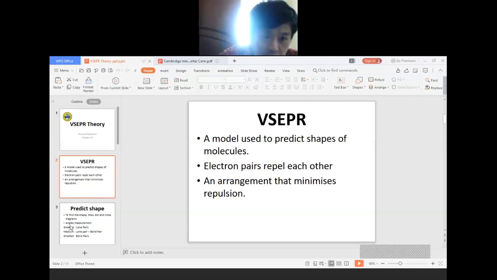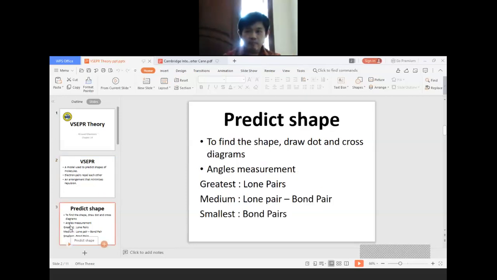Okay. To predict the shape, we have to draw dot and cross diagrams. And then in order to measure the angle, in this one, the angle is not measured using a protractor. Okay, so the protractor will fail in this one.